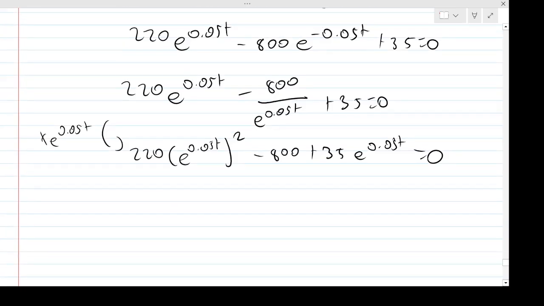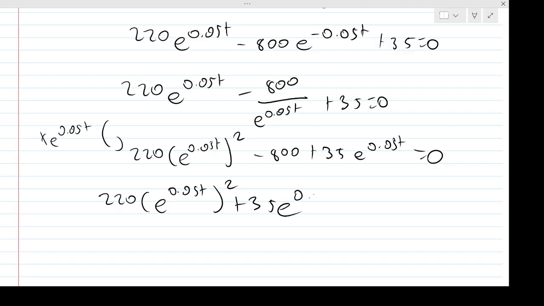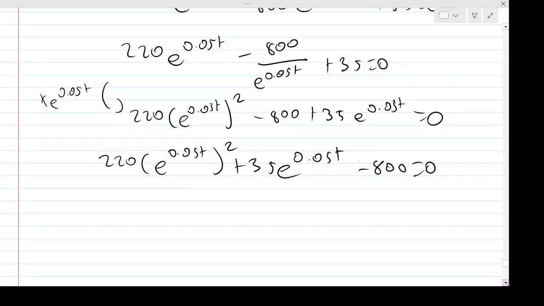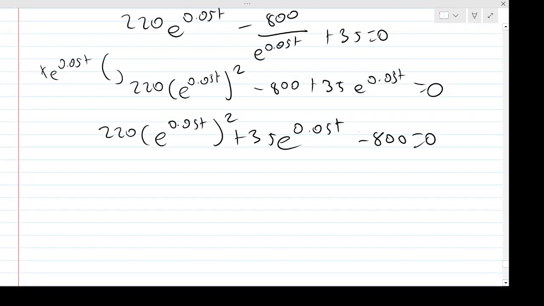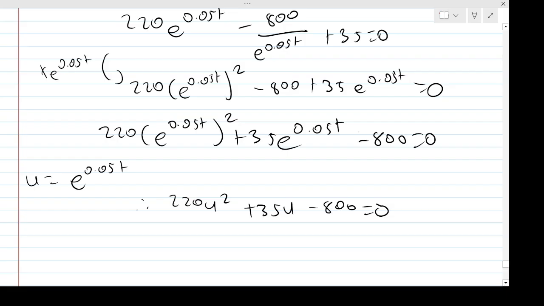And then if I just rearrange ever so slightly, I get 220 of e to the 0.05t squared, add 35 e to the 0.05t minus 800 equals 0. And now hopefully spot I've got a hidden quadratic at this point. If I say u is equal to e to the 0.05t, therefore 220u squared add 35u minus 800 equals 0.